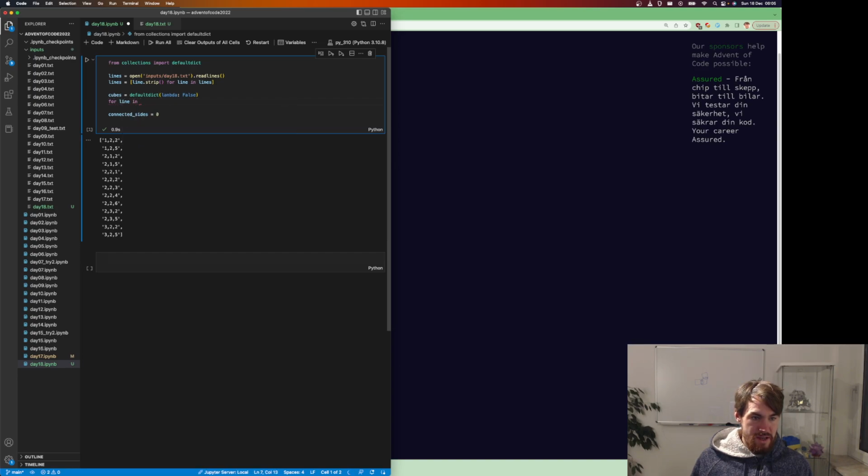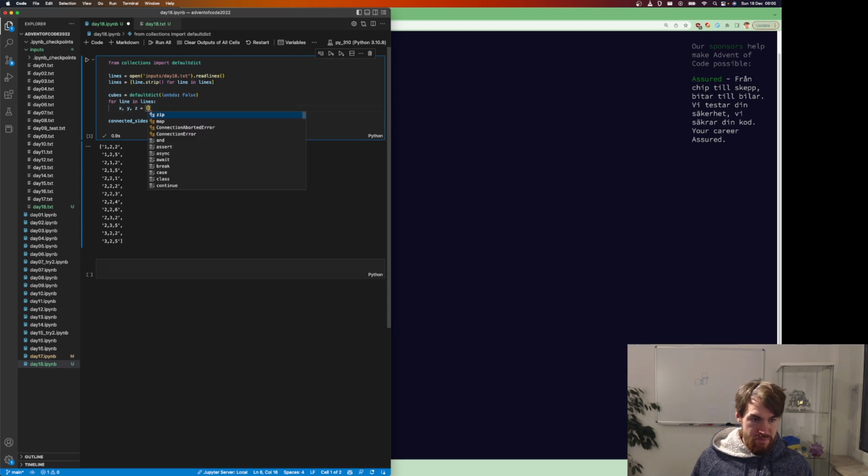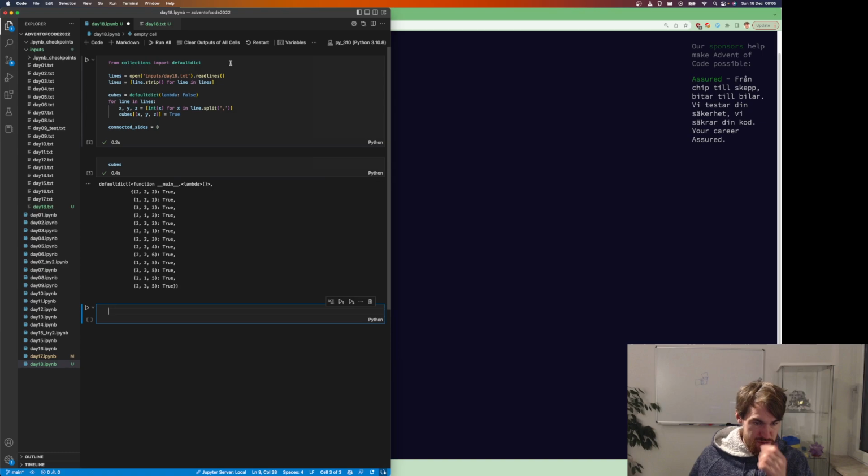For line in lines, so it's x, y, z is int x for x in line split. Cubes is true. That gives us these cubes. Perfect.